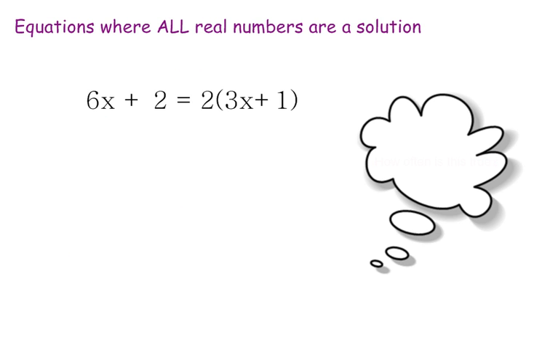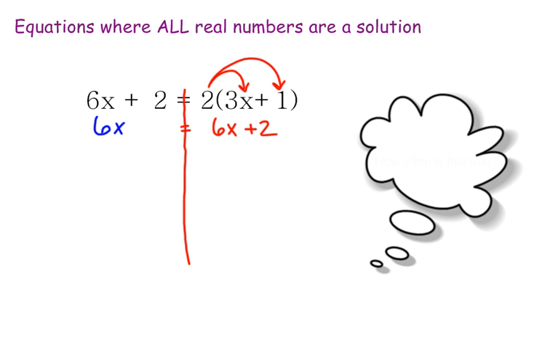The other special case is equations where all real numbers are true. And I can see again here that I need to distribute. After I put my balance line in, I get 6x plus 2. I'll bring down this other side. Hasn't changed.